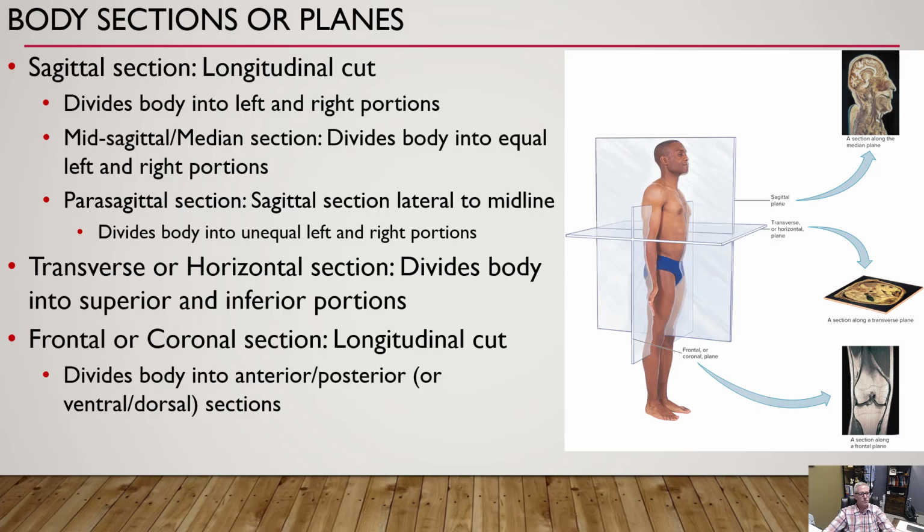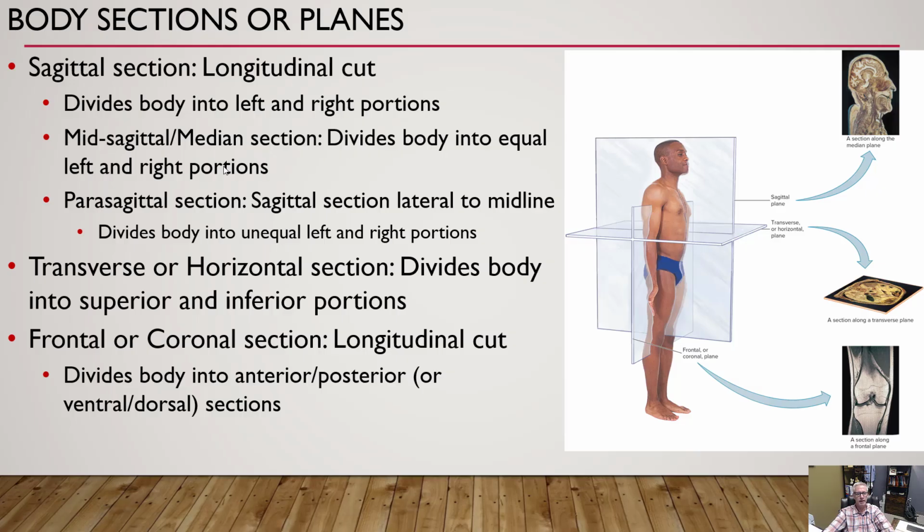We also have different planes of view. If you go get an X-ray or an MRI done, we can have different cuts, is what we call them. We can have a sagittal cut or a longitudinal cut, and basically that's going to divide the body into a left and right portion.